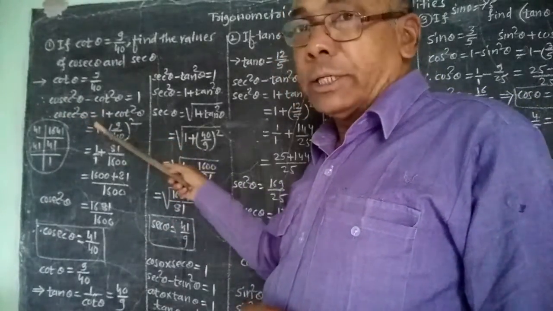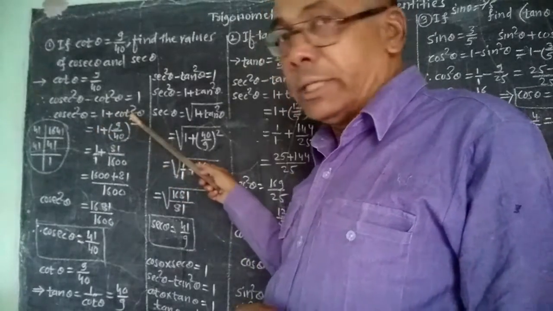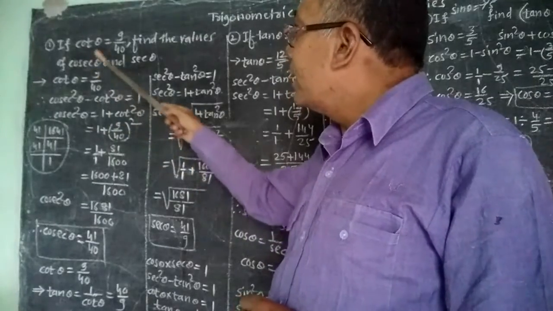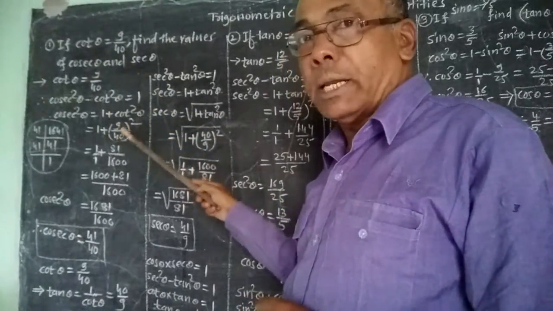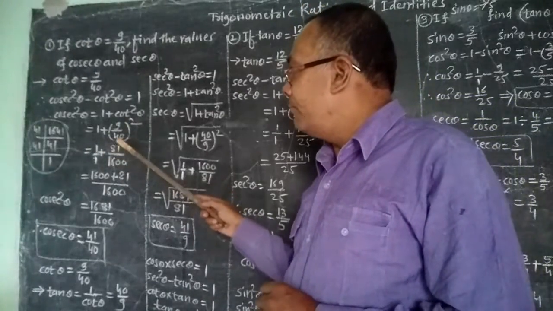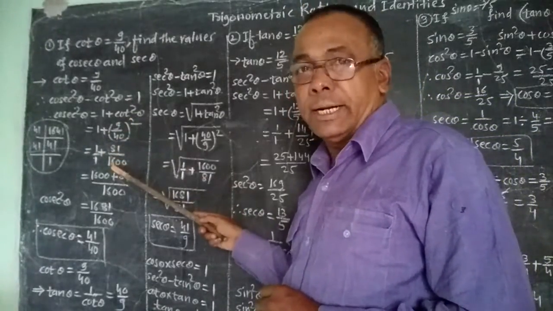Here cosec square theta is equal to, we can write, 1 plus cot square theta, and the value of cot theta is given, 9 upon 40. So 1 plus (9 upon 40) whole square. Now 9 square is 81 and 40 square is 1600.